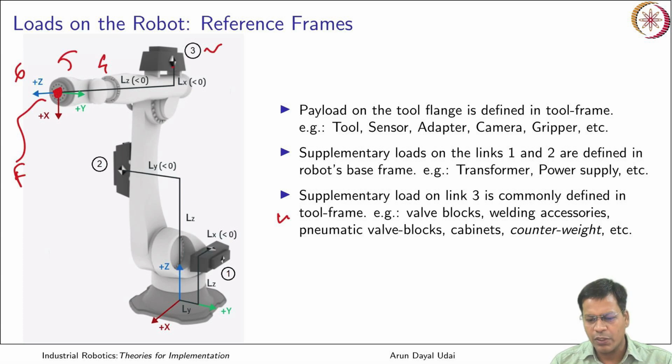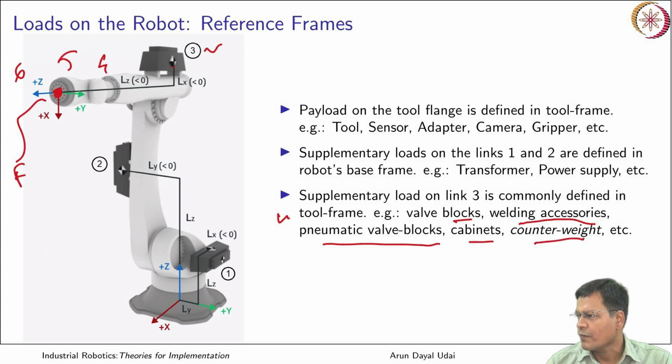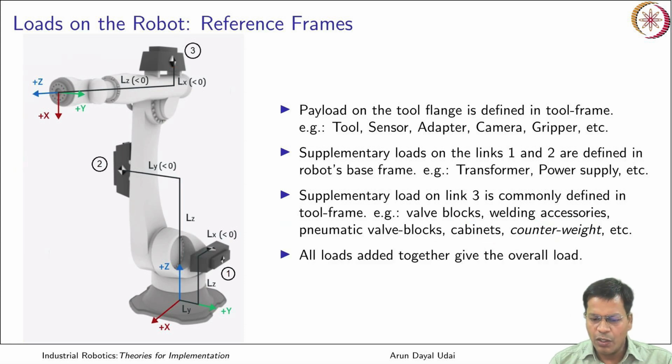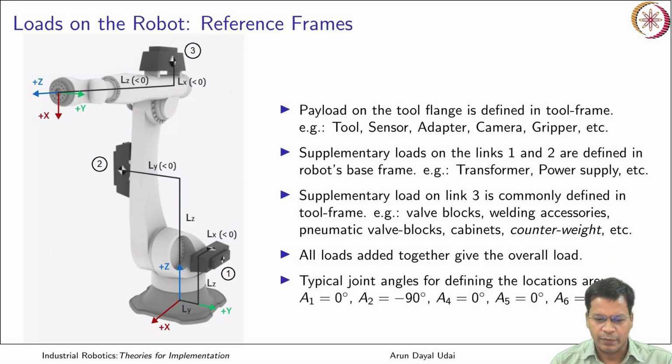Common inclusions for that load are valve blocks, welding accessories, pneumatic valve blocks, cabinets, and counterweights also, as I have told just now. All loads added together give the overall load that is going to come on the robot, so the whole load should be summed together.